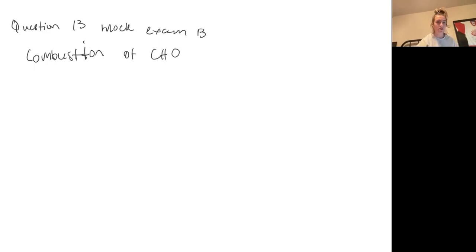What's important here is that we're going to have some form of equation where it is C in a number, H in a number, and then oxygen in a number. And with combustion analysis, we always know that oxygen is being used to produce carbon dioxide and water.